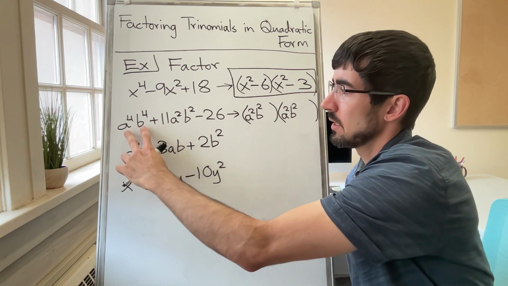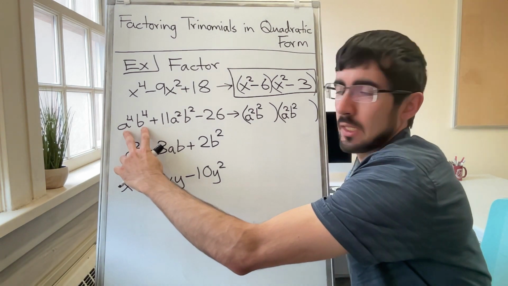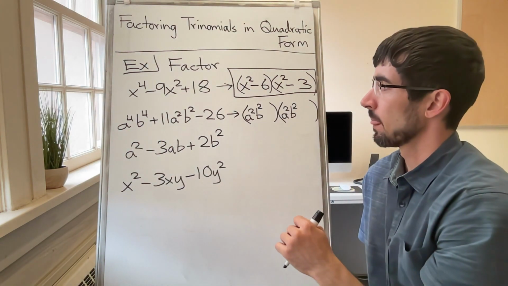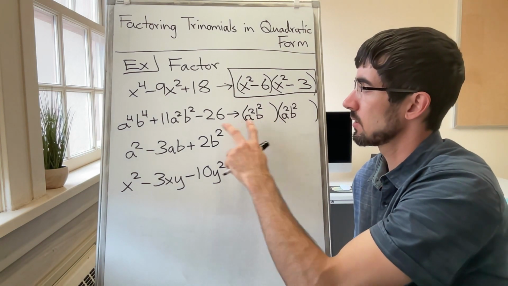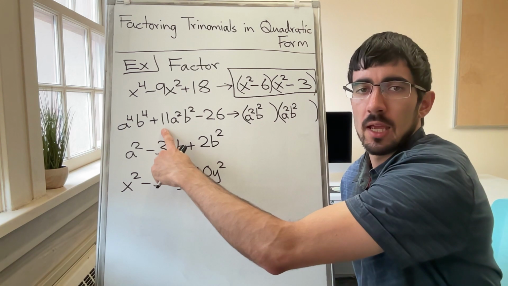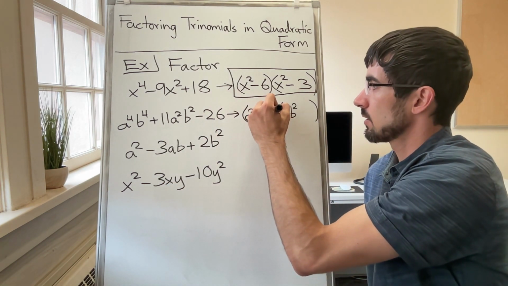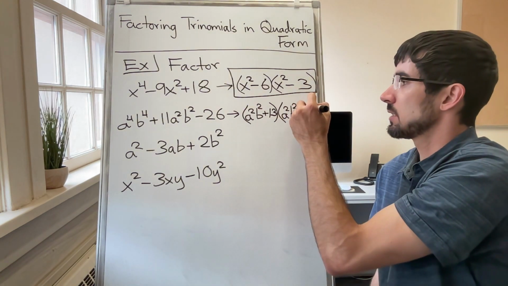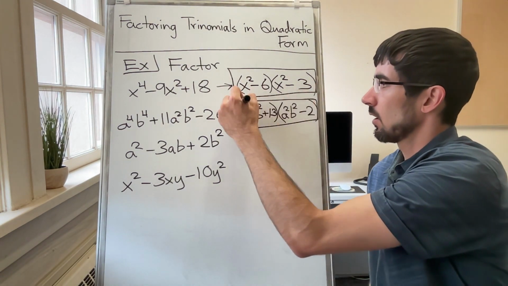Another way of saying it is a squared b squared is the square root of this beginning variable piece. Now for the coefficients, the numbers, to finish out these factors, let's ask what numbers multiply to negative 26 and add to 11. In this case, that's going to be plus 13 minus 2. Here's our factors.